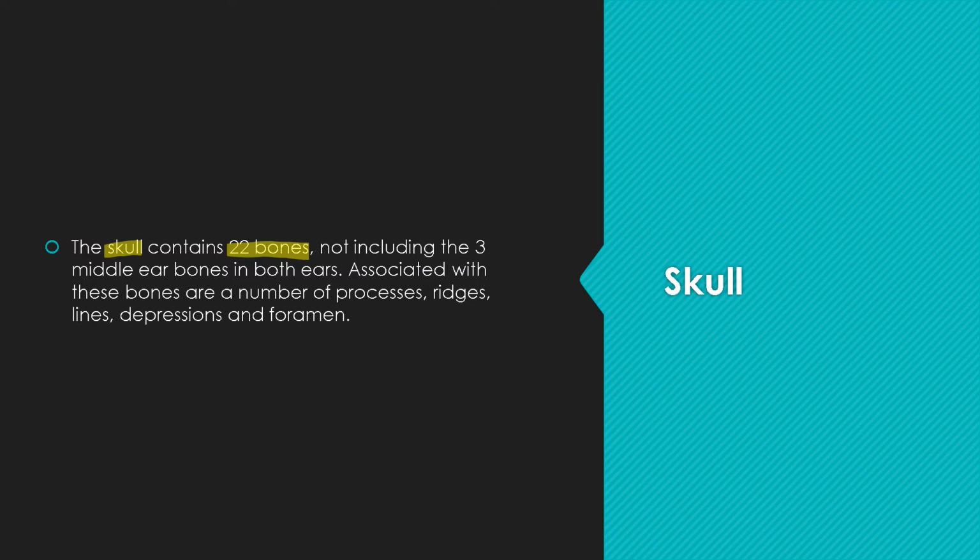Now, the bones of the skull are grouped into two categories: the cranial bones and the facial bones. The cranial bones form the cranial cavity, which encloses and protects the brain. Now there are 8 cranial bones.